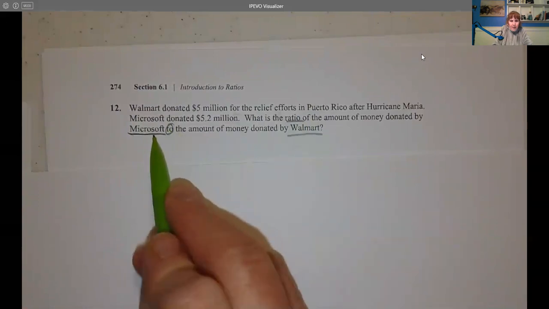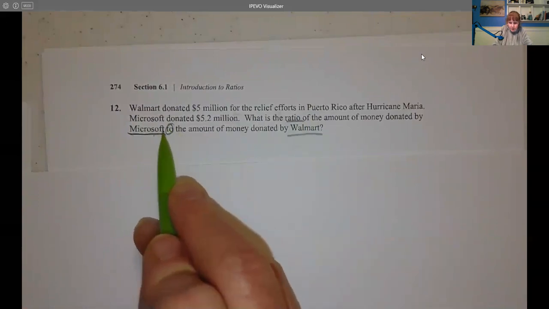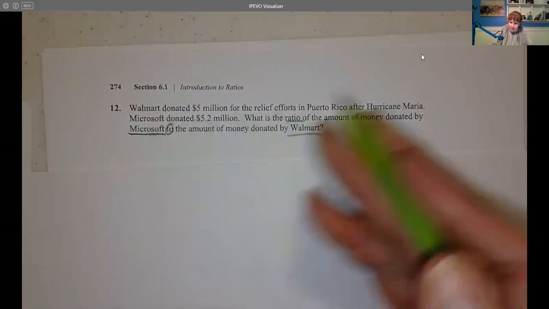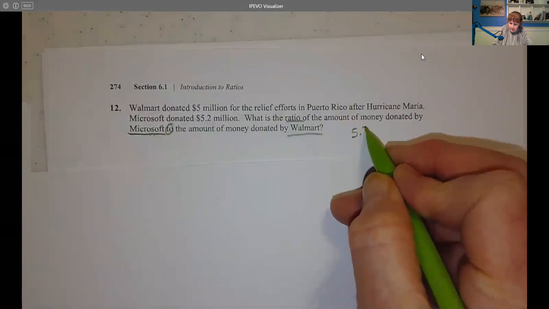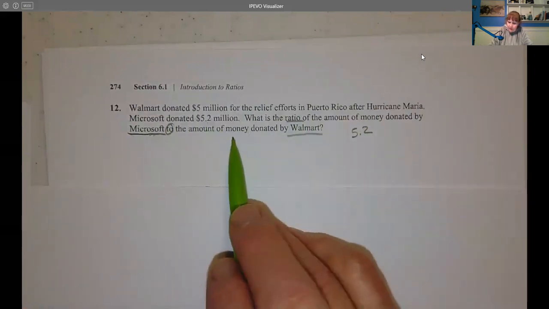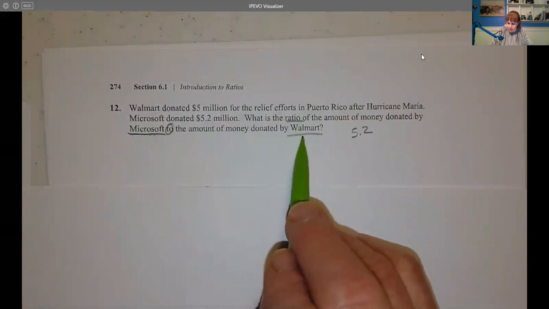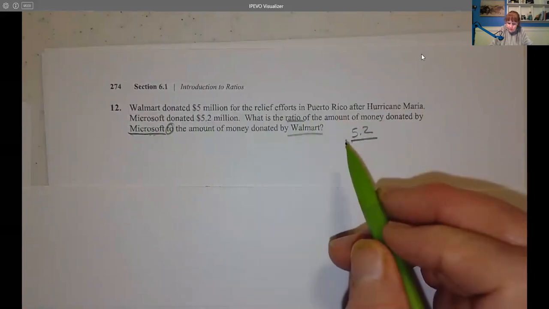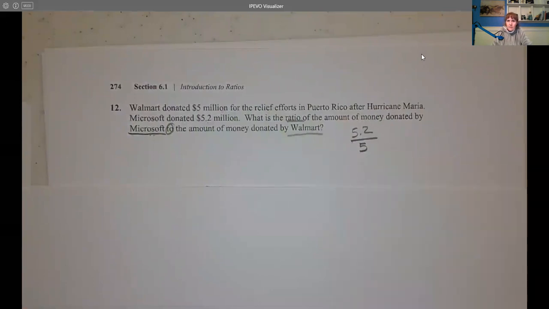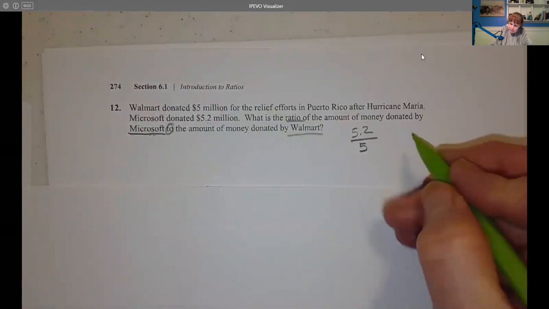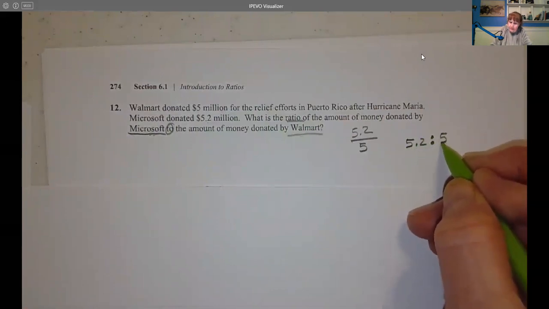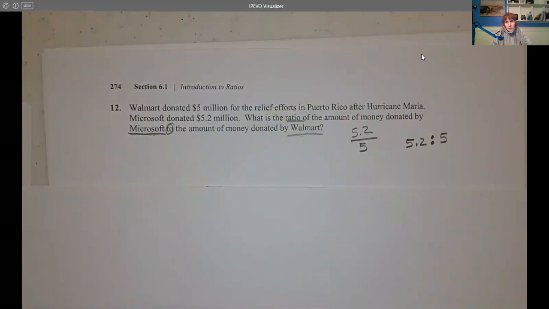So we're going to put Microsoft in the numerator, 5.2 million, 5.2, to the amount of money donated by Walmart, which would be 5 million. Okay, and there's your answer, 5.2 to 5. So there's our writing ratios.